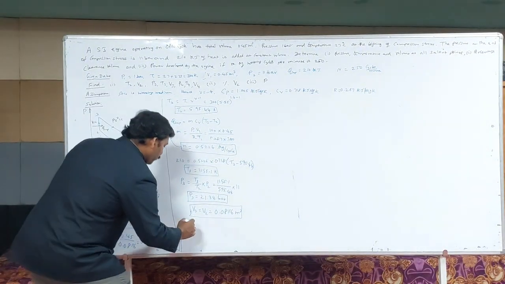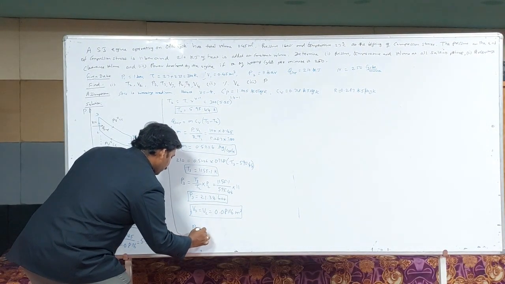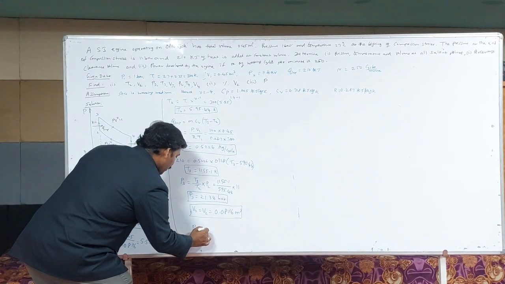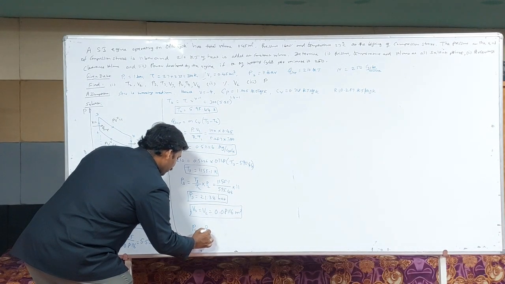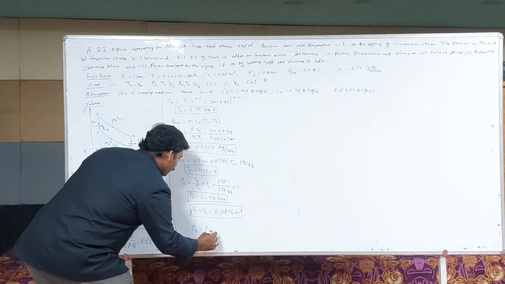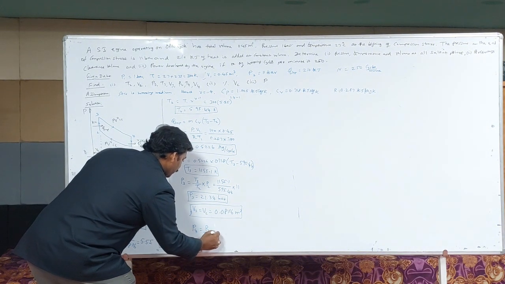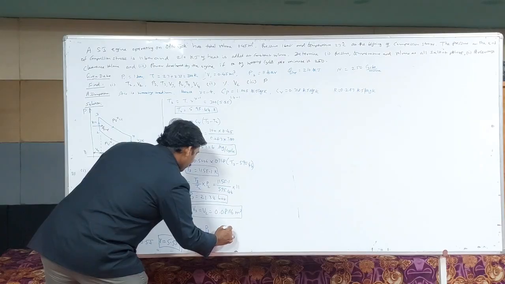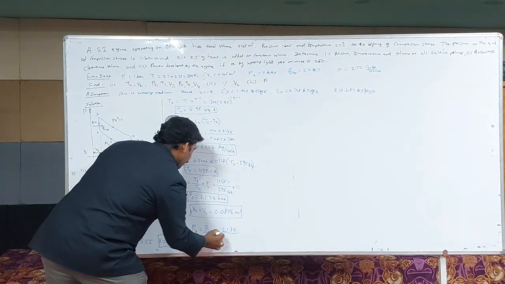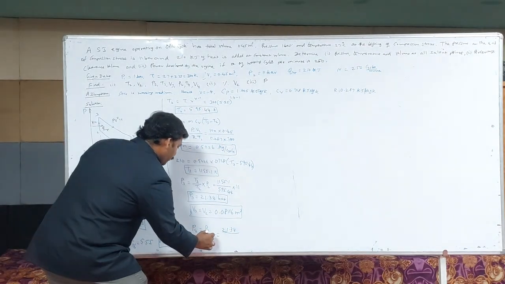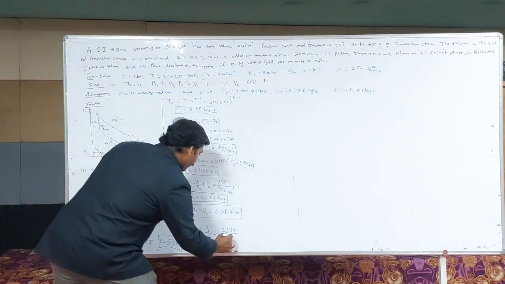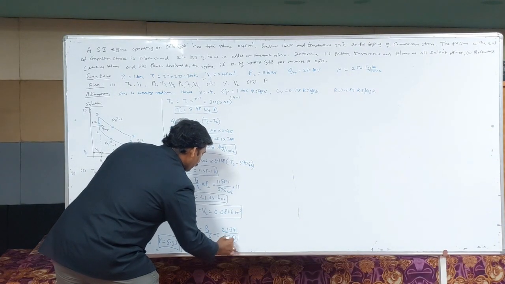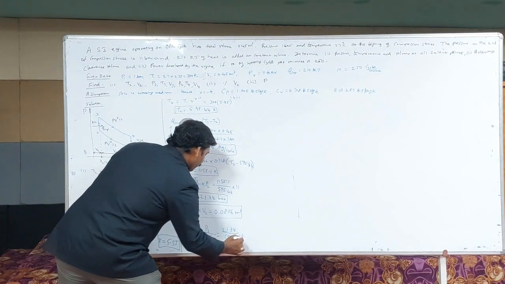So how to find P4? P4 is equal to P3 divided by R power gamma. What is P3? P3 is 21.34 and the R value is 5.55 power 1.4.